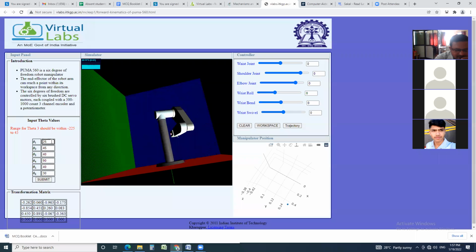Now again I will enter different values. Theta 1, suppose 45, theta 2 65, theta 3 30, theta 4 suppose 85, this is 45 and this is suppose 35.